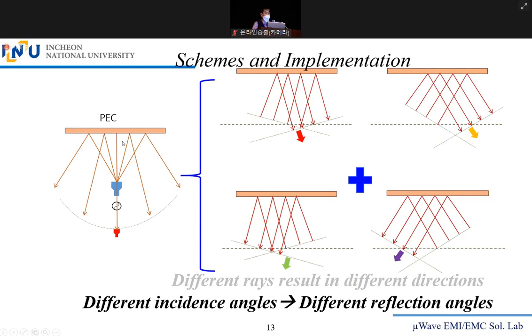So here, positive angles of incidence, say for example here, angle of incidence, and on your left-hand side, these are 2 representative rays of negative angles of incidence. This is what happens in the PEC. Because the wave front or wave from the horn antenna, you know the horn antenna, right?